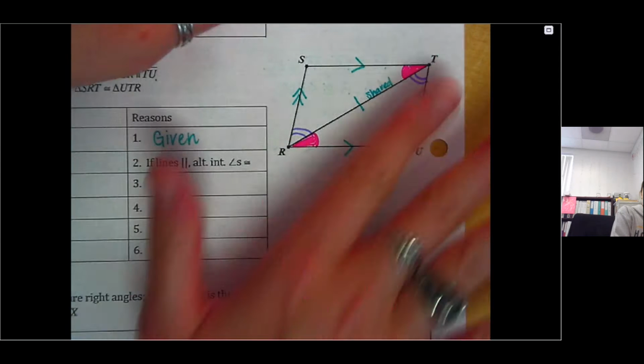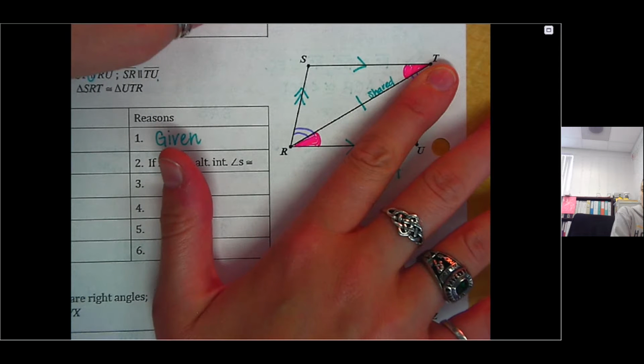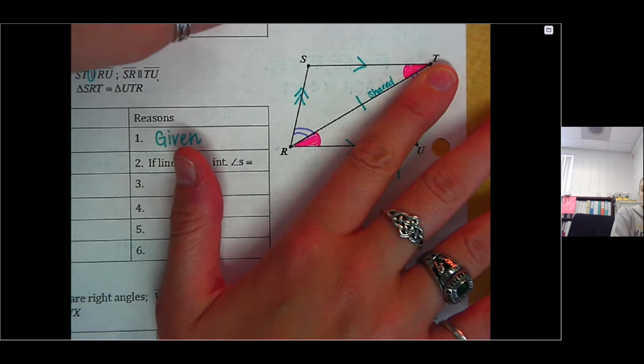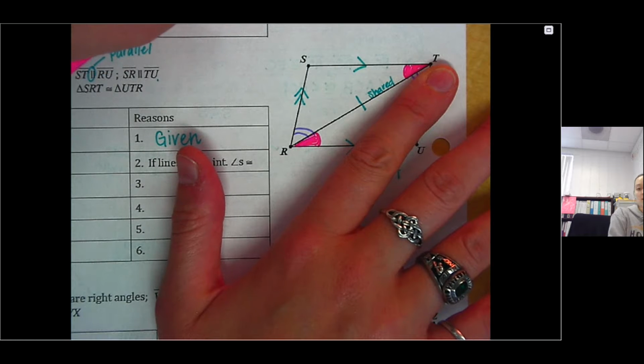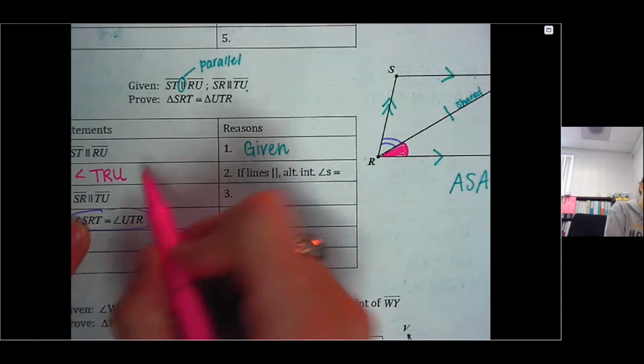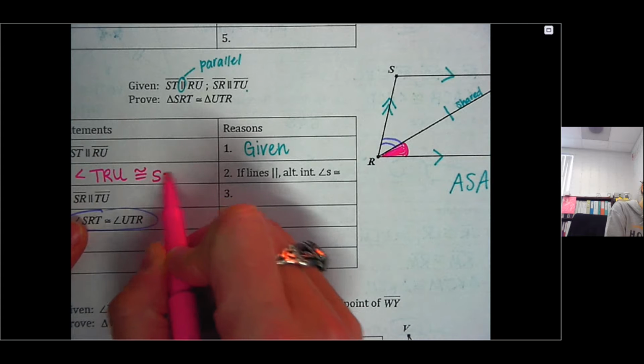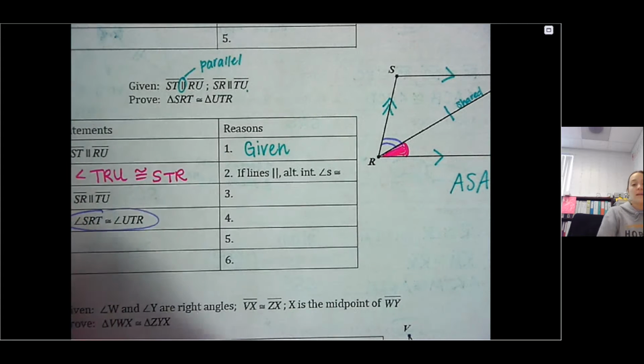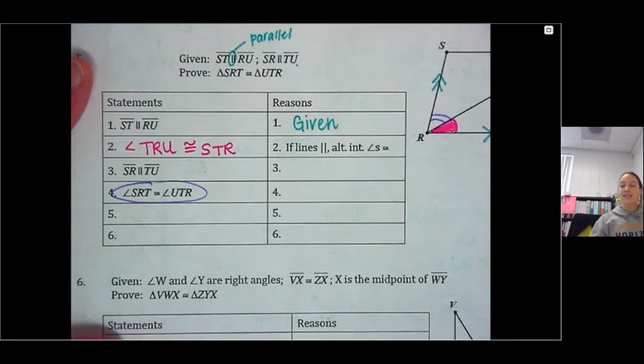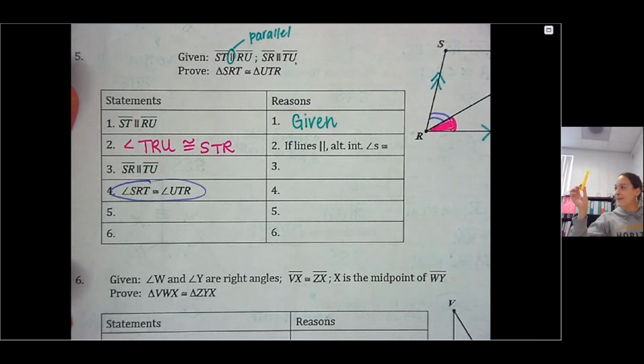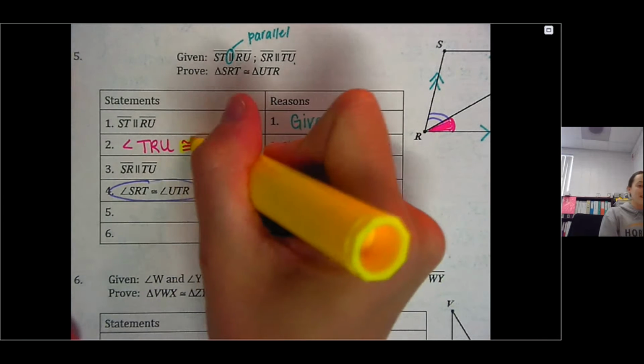How would I name this pink angle at the top? STR or RTS. Either one's fine. It's congruent, so I highlighted it.